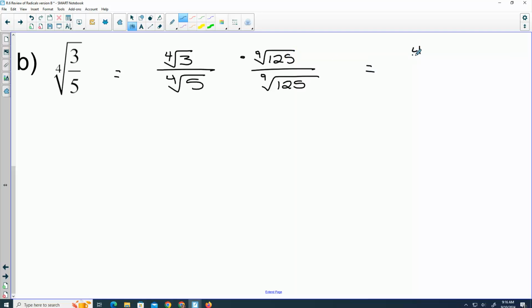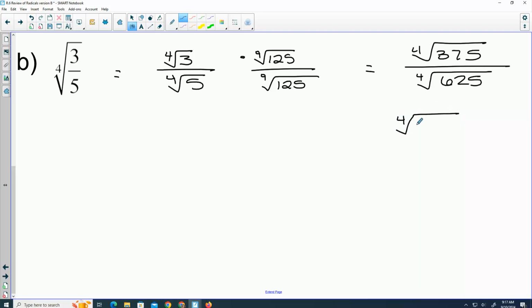On the top, I would get the 4th root of 375. On the bottom, I get the 4th root of 625. Okay, but what is the 4th root of 625? 5.